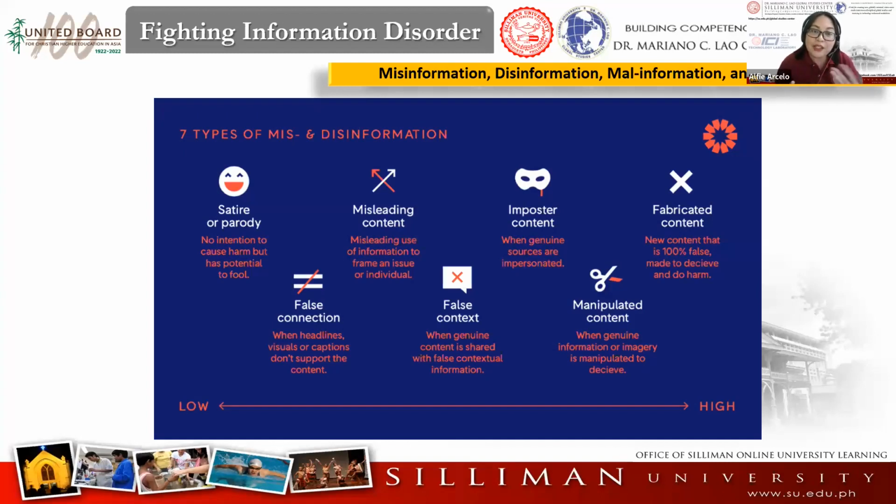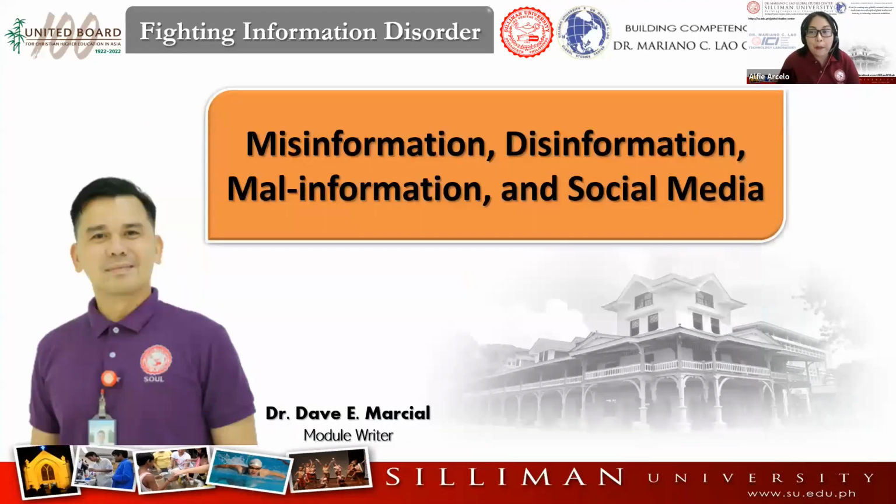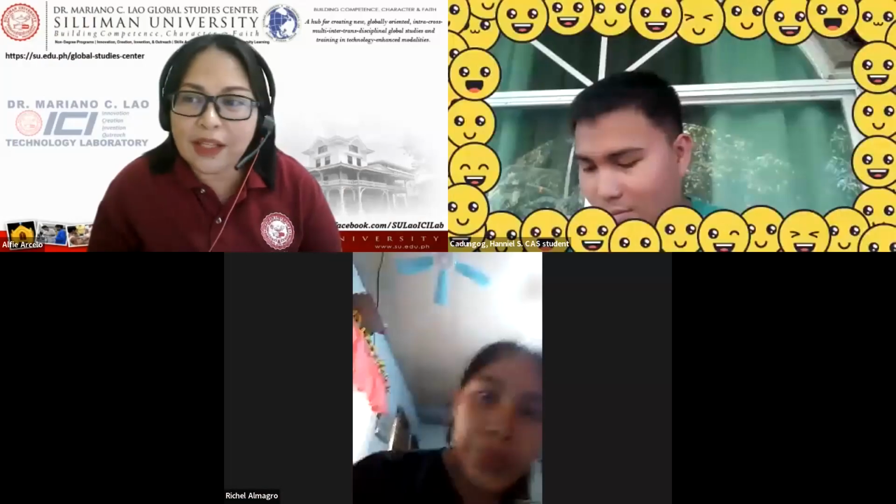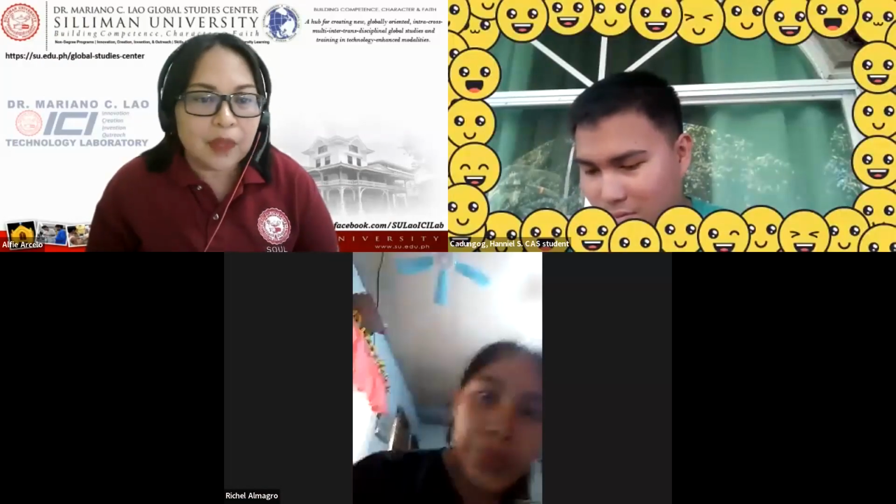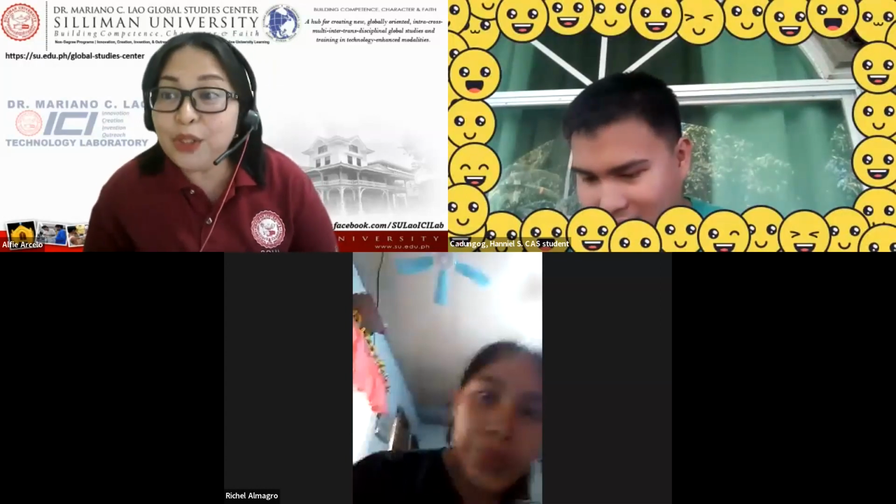So these are just some of the misinformation and disinformation types of the 7 that we have. Those are the things that we can learn in module 1. I hope you were able to get at least a grasp of what information disorder is all about. So let's proceed now to our module 2.